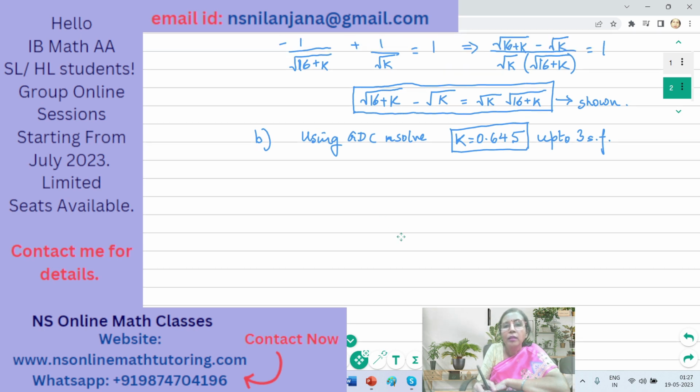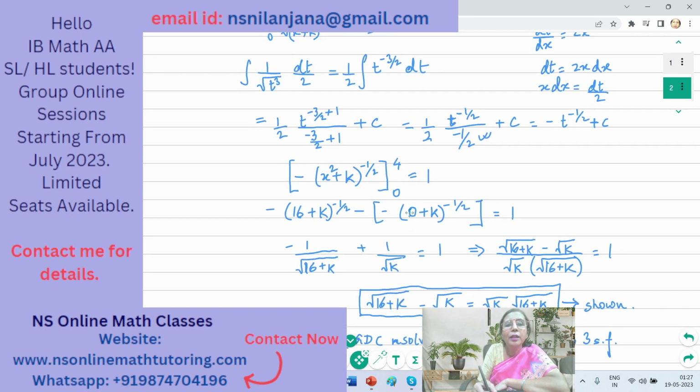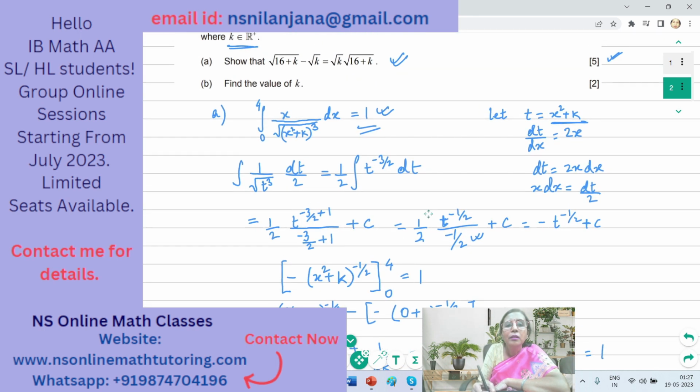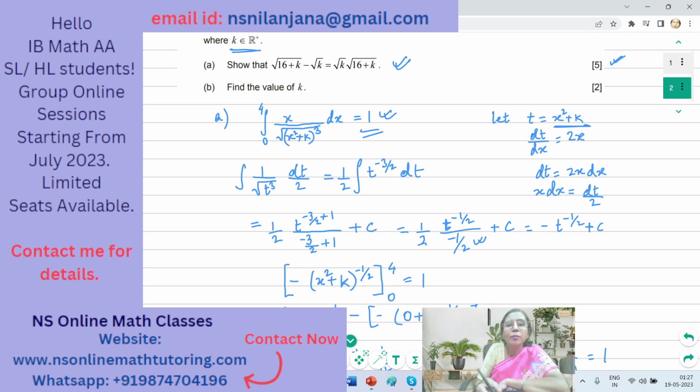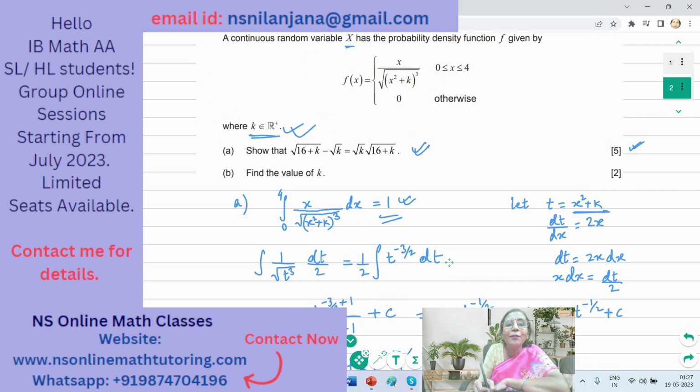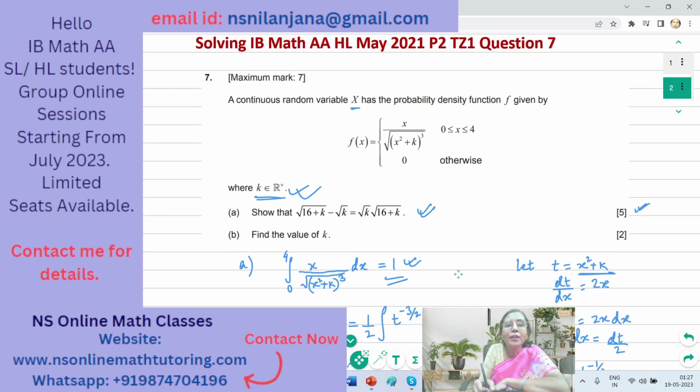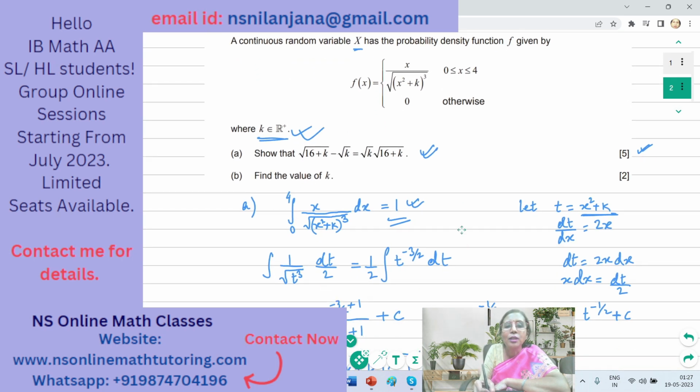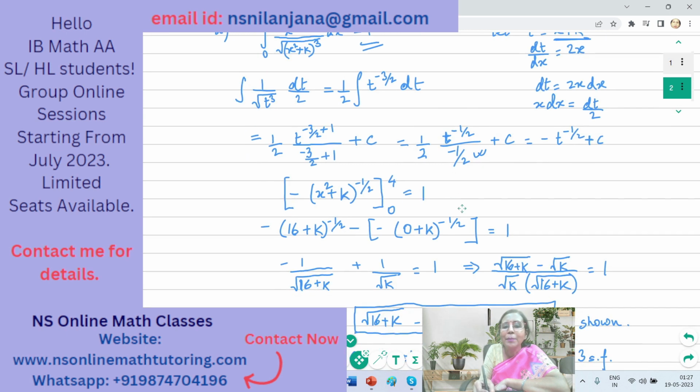Okay, k was a positive real number. Yes, k is a positive real number, so we have got a positive real number, and we have completed solving this question number 7 totally. The part A and the part B.